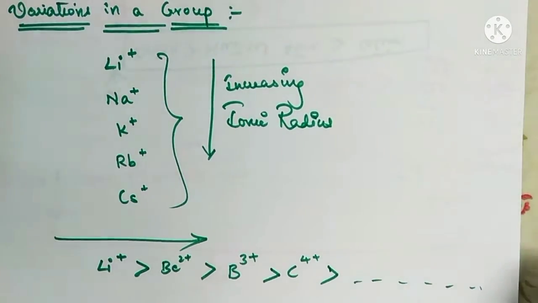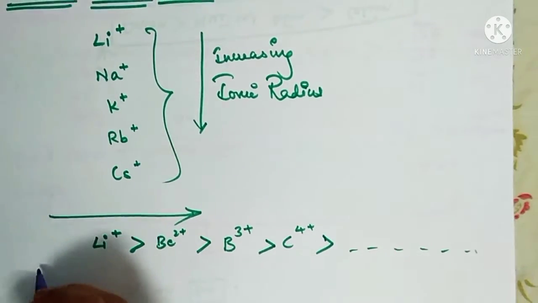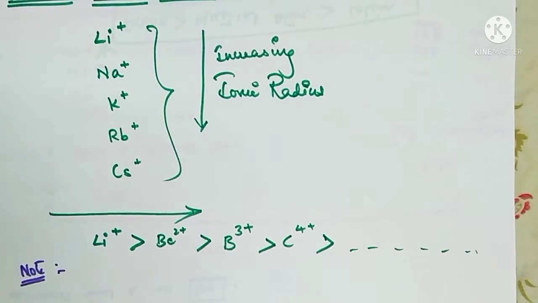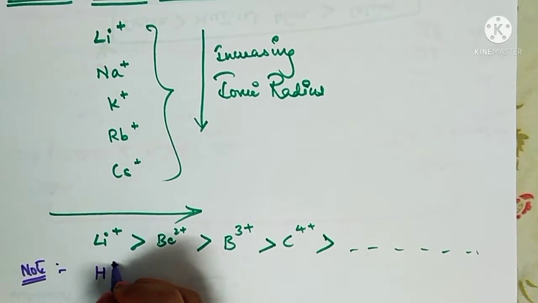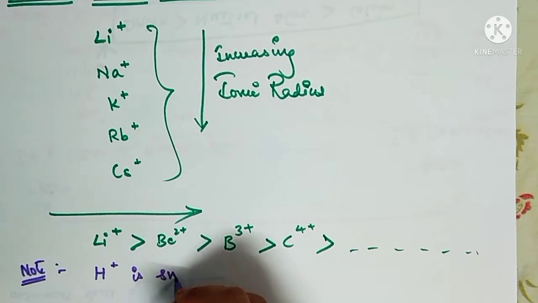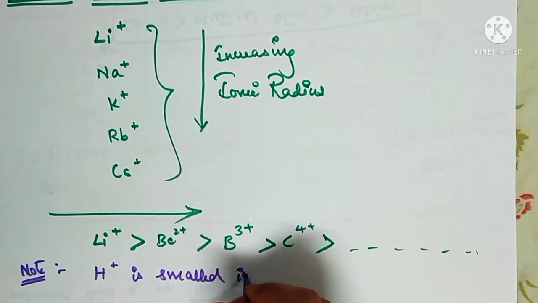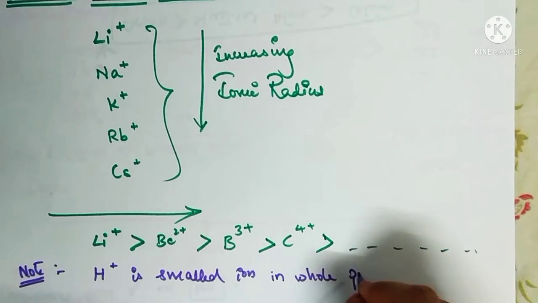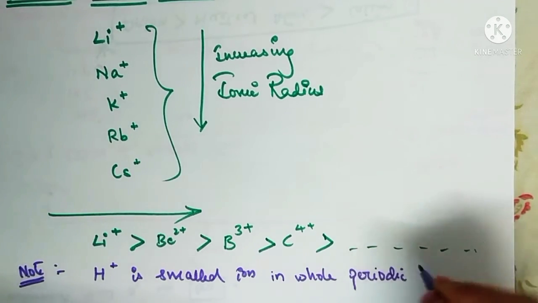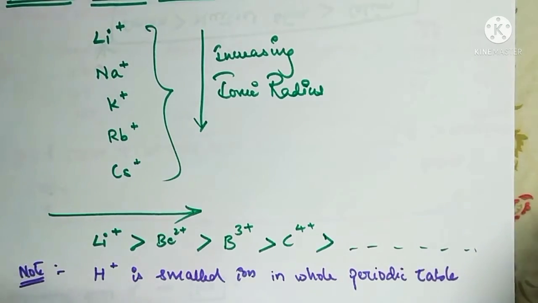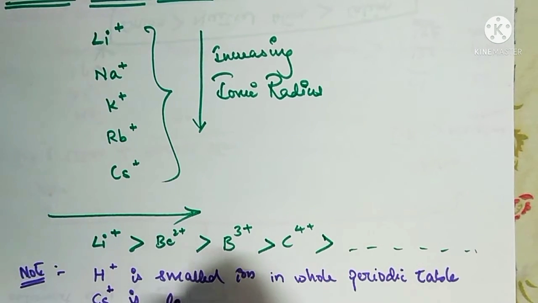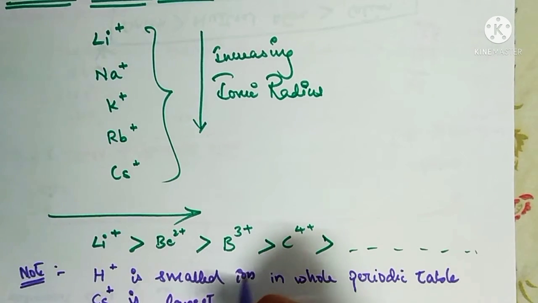And the most important point to note here is the star mark point. H plus is the smallest ion in the whole periodic table. But whereas Cs plus is the largest cation.